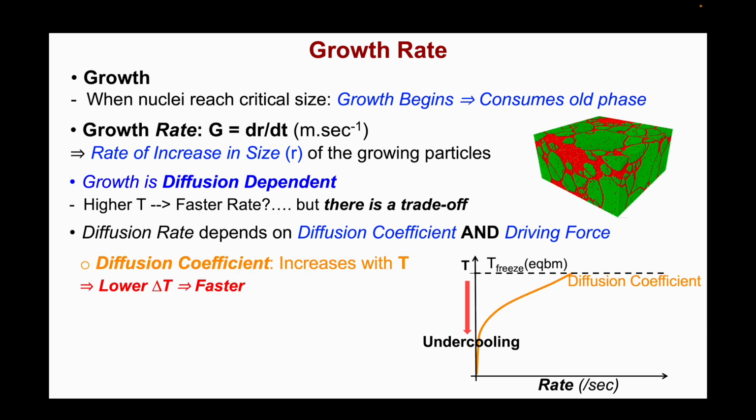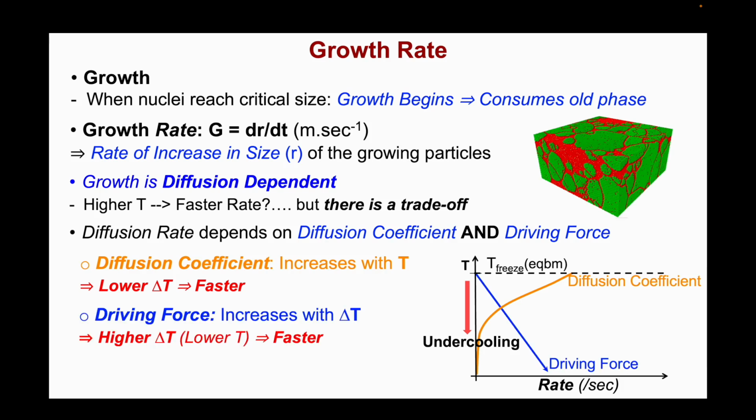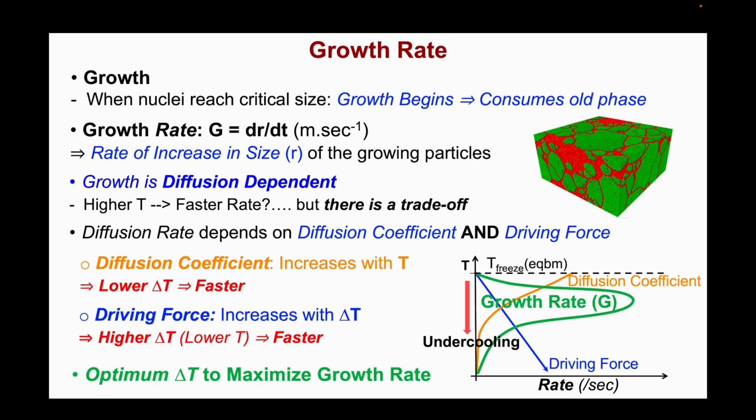Therefore, with the diffusion coefficient favouring higher growth rates at smaller delta T's, and the driving force favouring higher growth rates at lower T's, when combined, these two opposing trends result in an optimum delta T, an optimum undercooling, where the growth rate is maximised.